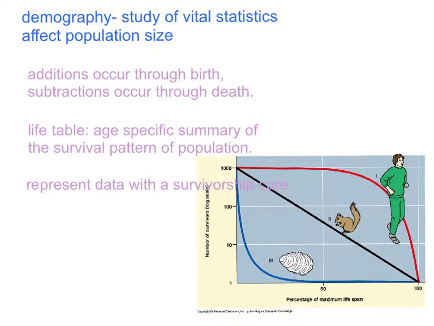Then for type 3, it's an oyster, and that's basically a high death rate in the early lifespan, because it automatically drops right when they're born, and then it just evens out at the bottom. So for type 1, it's a low death rate. For type 2, it's constant, and for type 3, it's a high death rate in the early lifespan.